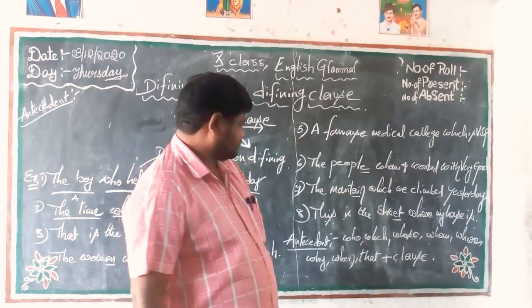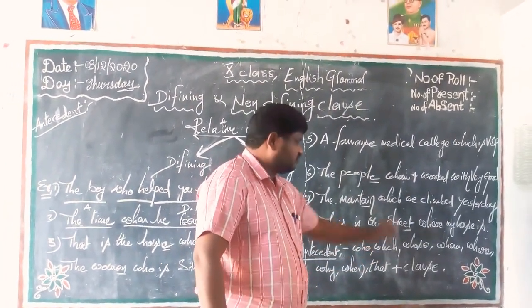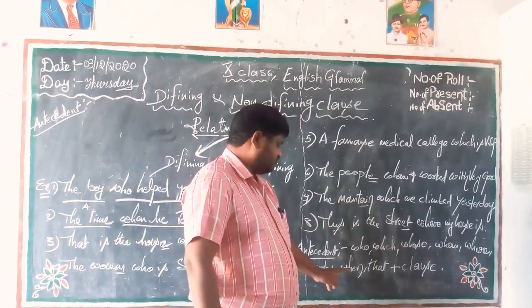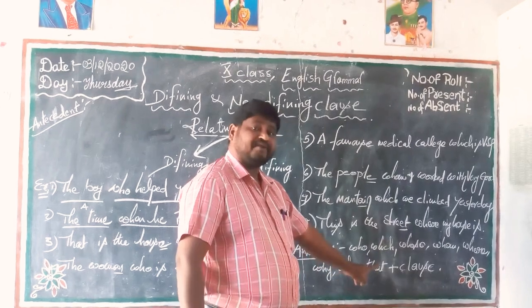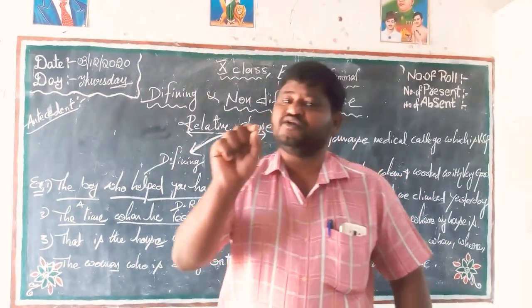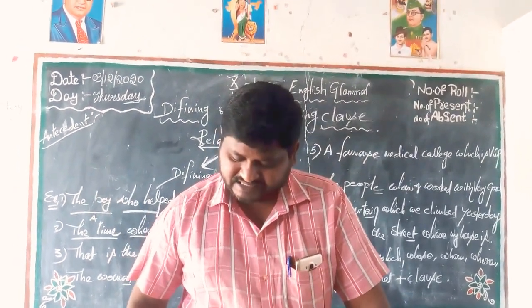Antecedent is always who, which, whose, whom, where, why, when, that plus class. Because antecedent is WH words plus class, that is what we call antecedent.